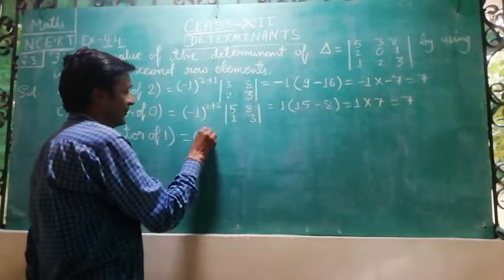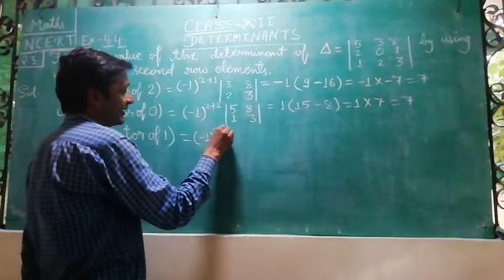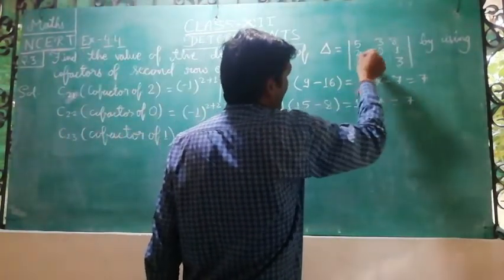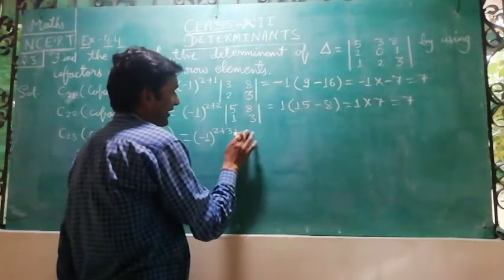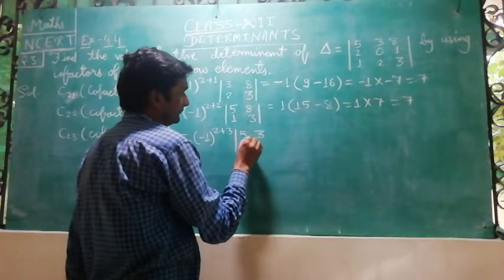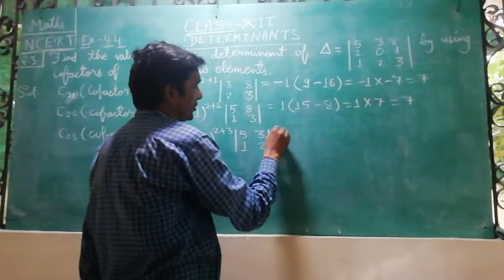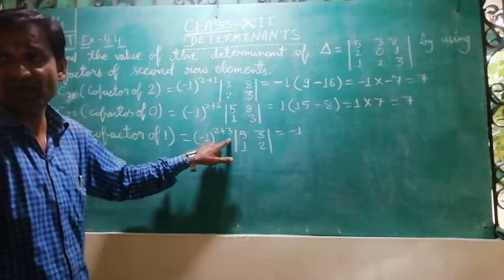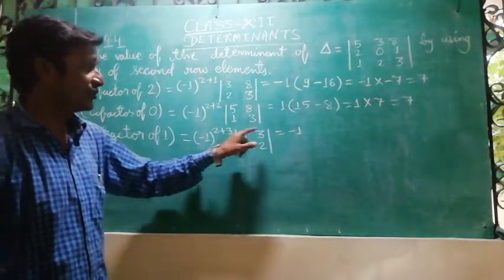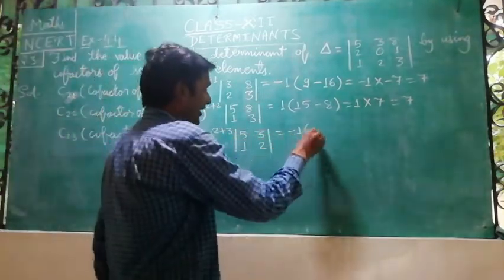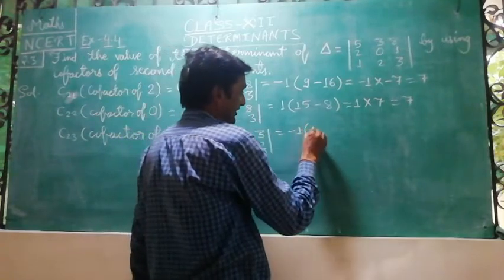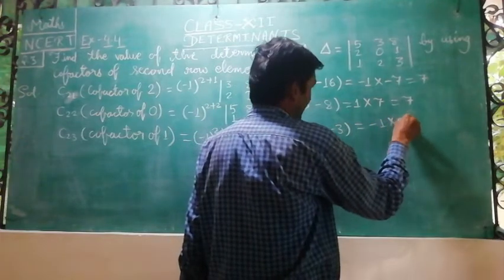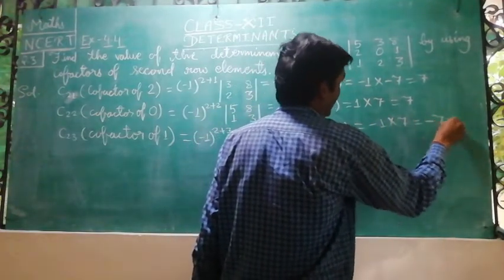So minus 1 raised to the power 2 plus 3, and then 5, 3 and 1, 2. It will be equal to minus 1 because 2 plus 3 is 5. Minus 1 raised to the power 5 is minus 1, and in bracket 5 twos are 10 minus 3 ones are 3, 10 minus 3. Minus 1 into 7 is equal to minus 7.